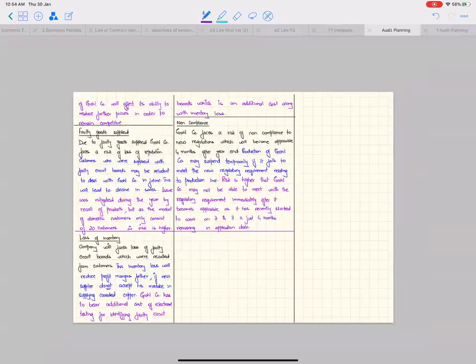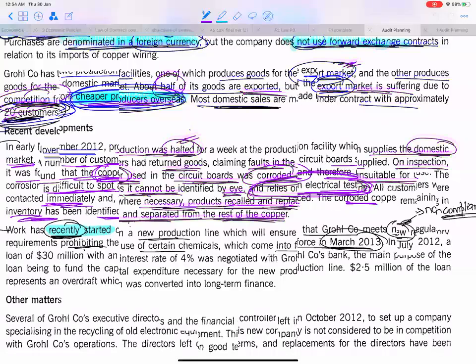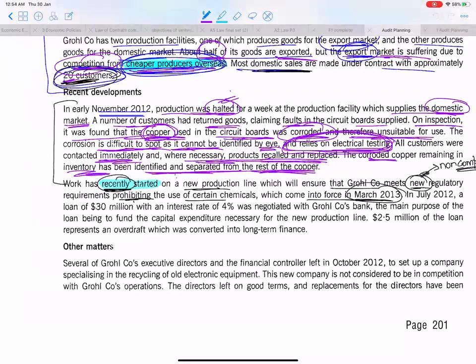Okay, let's see, we need to write 2 more risks. In July 2012, a new loan of $30 million with an interest rate of 4% was negotiated with the bank. The main purpose of the loan being to fund the capital expenditure necessary for the production line.